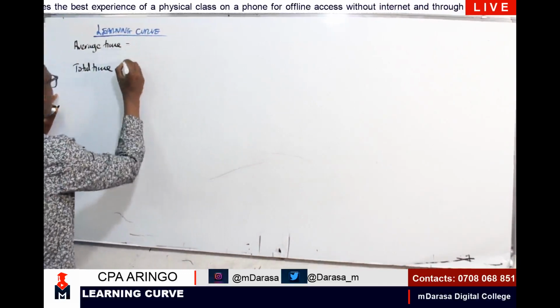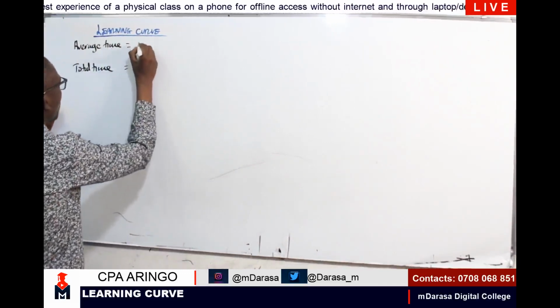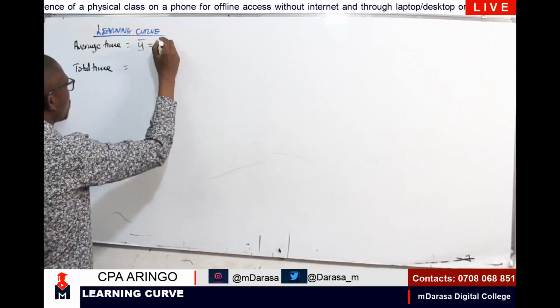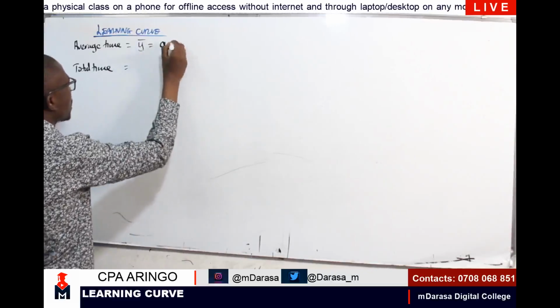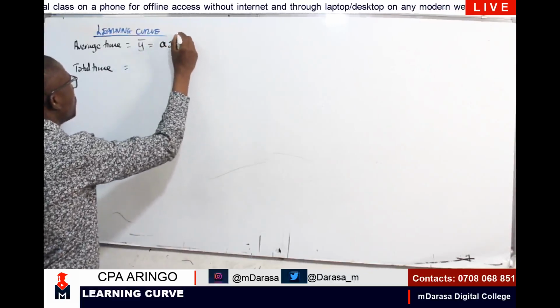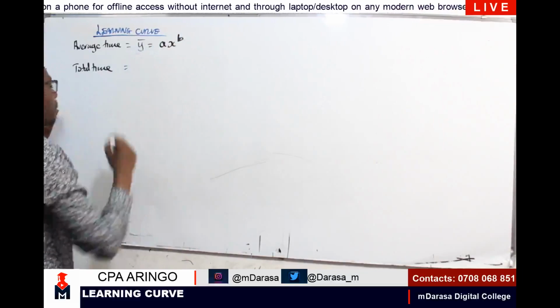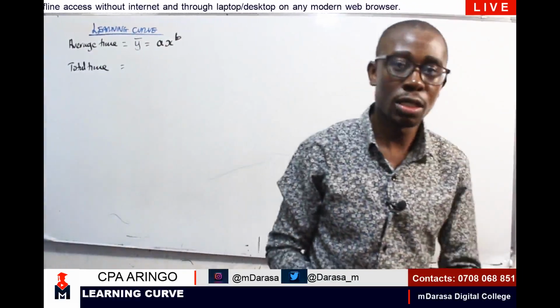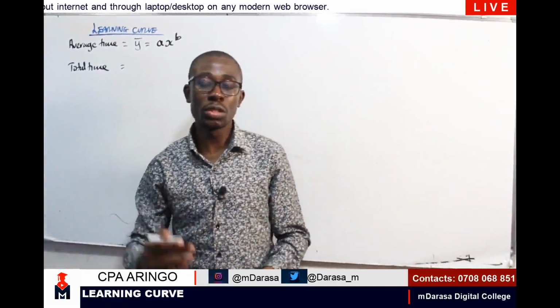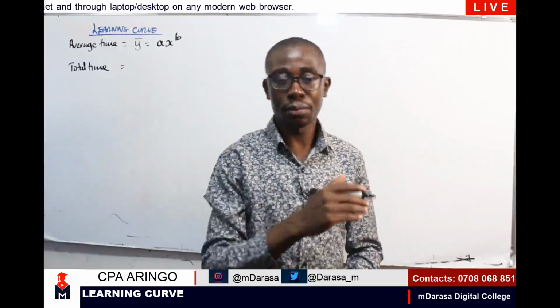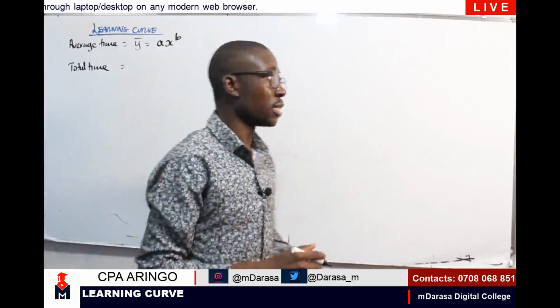So for average time, in this case, we have y bar, which is a x raised to power b, where a, remember we mentioned, is the time or cost that we are spending to produce the first batch, the first unit.